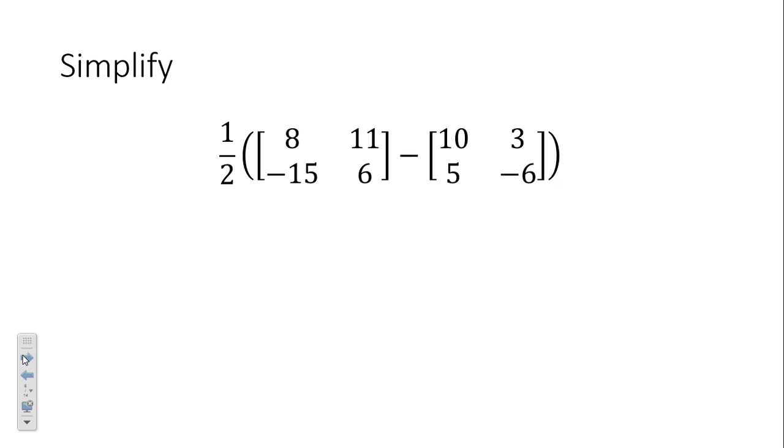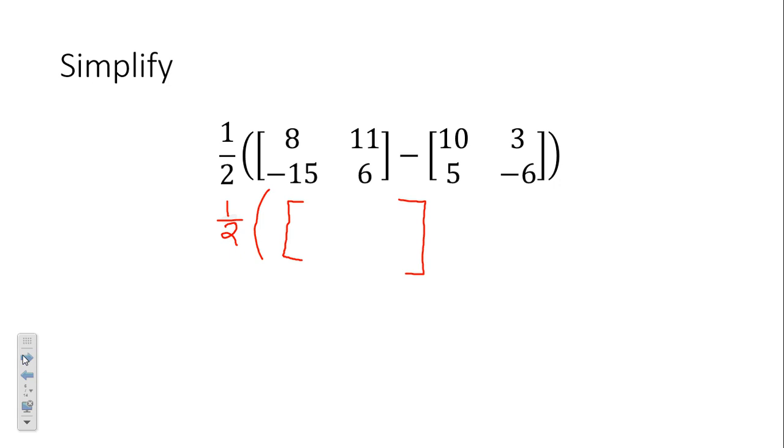So if we do the subtraction first, we'll put our 1/2 out in front, and 2 by 2 minus a 2 by 2 is going to be a 2 by 2. Now be careful here, if it helps you to distribute that -1 to everybody and then add them, feel free, but you have to change the sign or you have to subtract every single one of these.